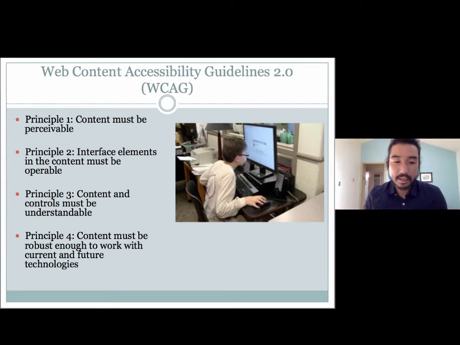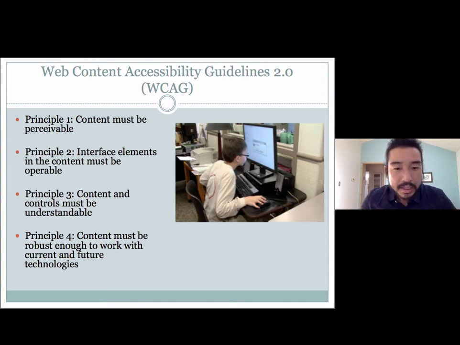Another example, this principle also covers blinking objects on a screen that may cause seizures. That's actually in the writing there. You should know about a GIF animation or some sort of video animation that could cause seizures. That's also covered in principle number two. Interface elements in the content must be operable. So think about how the person's going to navigate through the site.